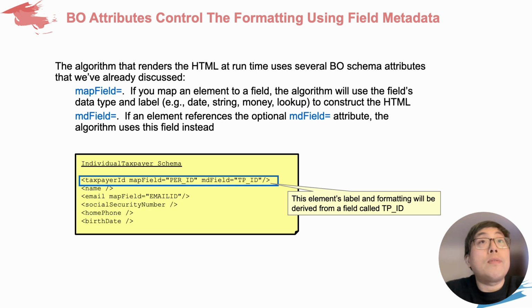Now, in this case, if this is a schema for one business object, it is per ID on the main table. Okay, so it could be on the subtable as well. If that's the case, it will be specified in a different way. But normally this means on the main table there is a field called per ID. An MD field is something called the metadata field. Now, a metadata field doesn't need to exist in the database.